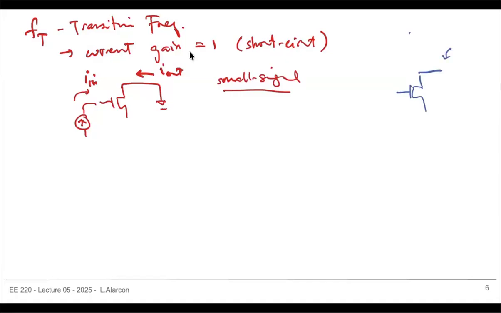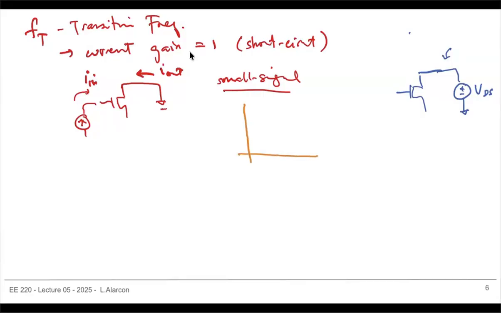The small signal short just means that it's actually some constant DC voltage, right? If it's a constant DC voltage, in small signal it looks like a short. Again, make sure we understand, right? So when we say small signal, let's say it this way, right?